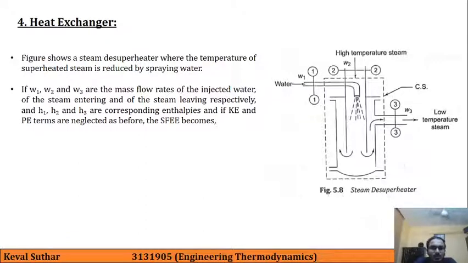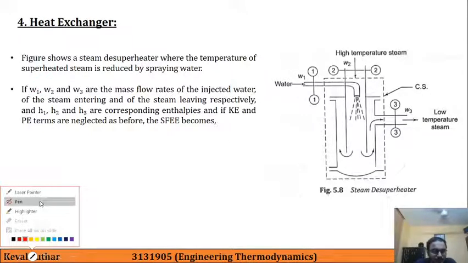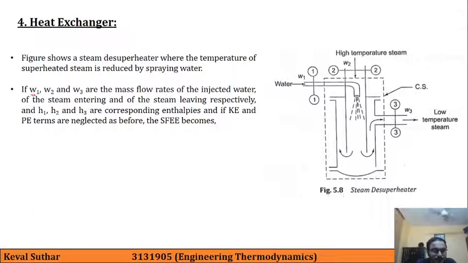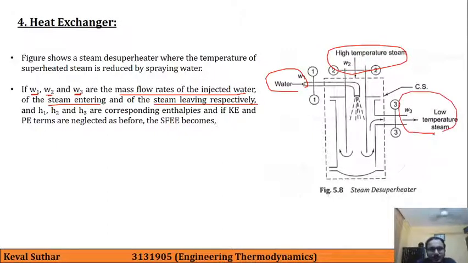Now W1, W2 and W3 are mass flow rates. W1 is the mass flow rate of injected water, that is this. W2 is of steam entering, that is this. And W3 is of steam leaving here, so this is W3.